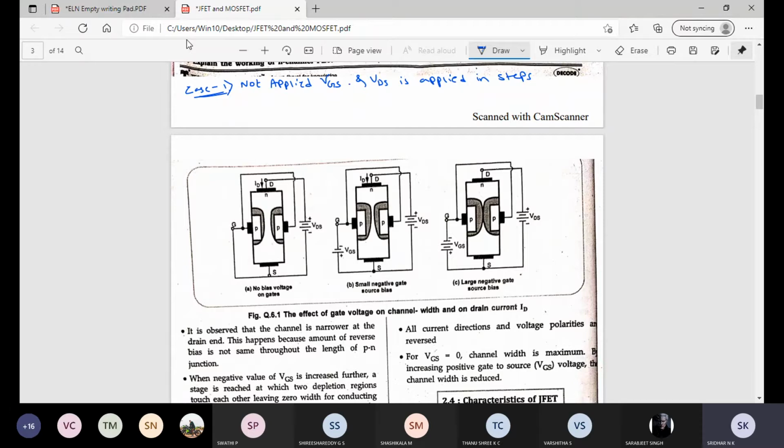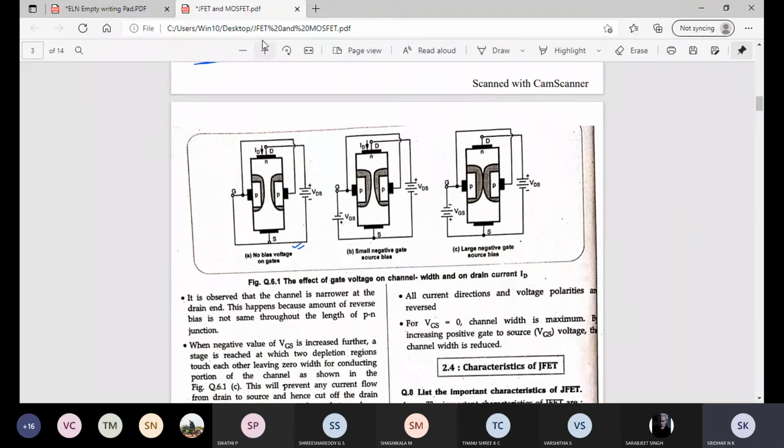If I want to elaborate this, you can refer to this diagram. This is for case one, no bias voltage on gates. Can you see this? I'll just zoom it.